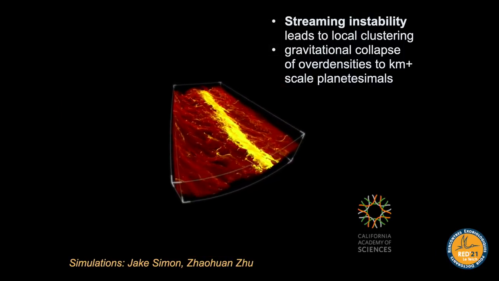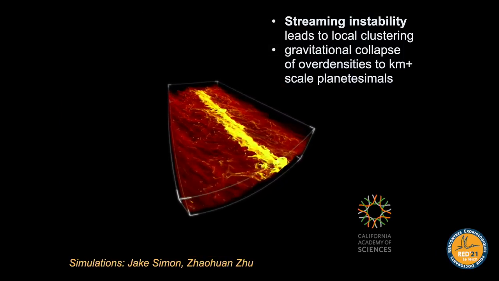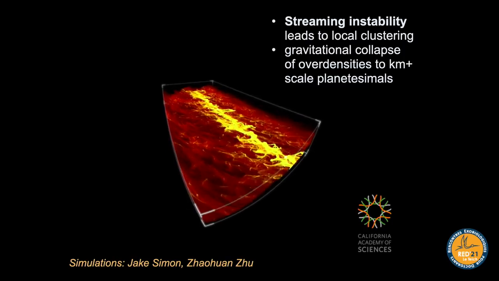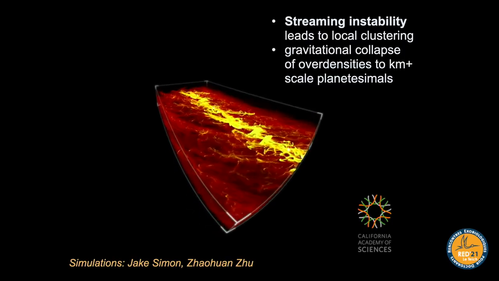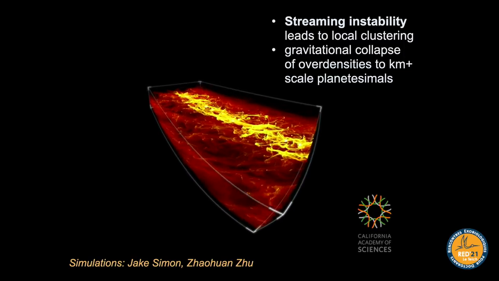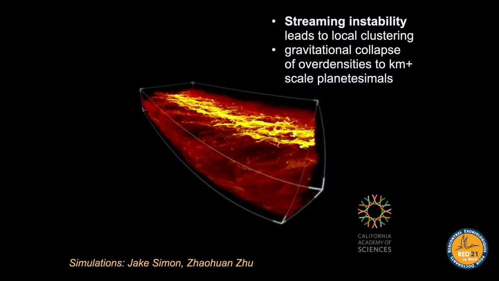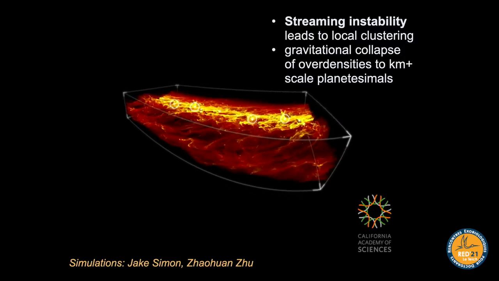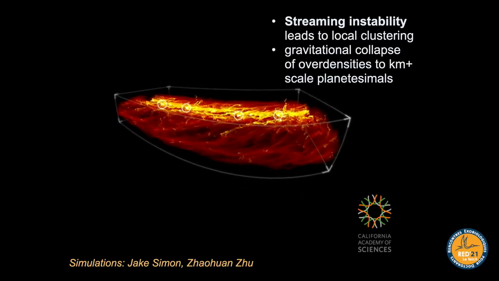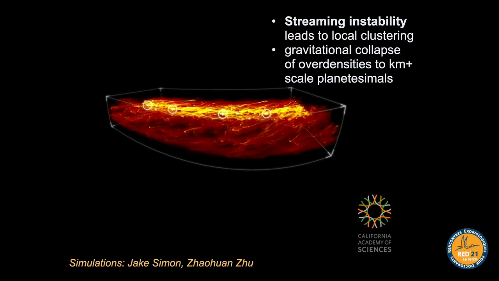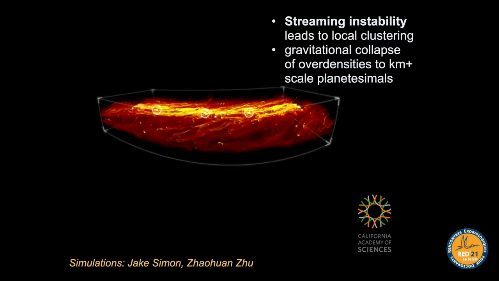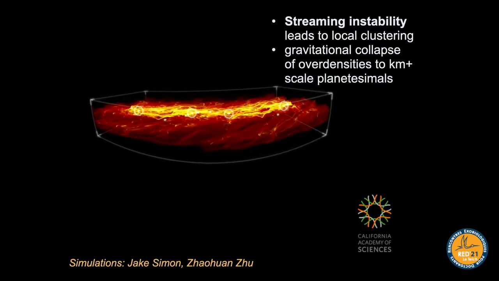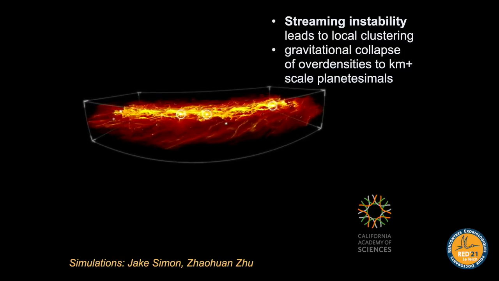Zooming in on this little part of the planet-forming disk, you can see this little slice. An actual simulation is usually just a little slice like this. And you can see these waves of dust clumping together. And in certain regions, that radial clump is going to become dense enough that in certain parts of it, planetesimals can form.